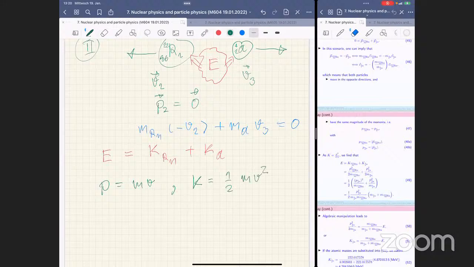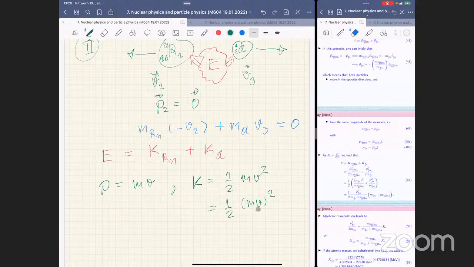So if we want to express kinetic energy in terms of momentum P, how could we do that? mv is not music video, it's mass and velocity.